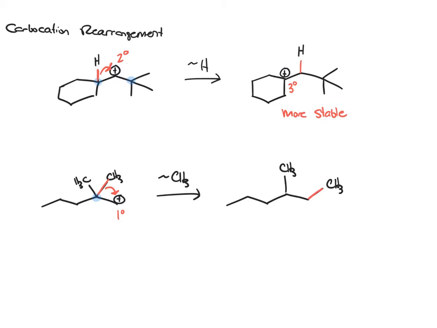And then this carbon that we started with, where I put the blue dot, we took those electrons out of it. So that'll have the positive charge now. And by doing that, you go from a primary to a more stable tertiary carbocation.